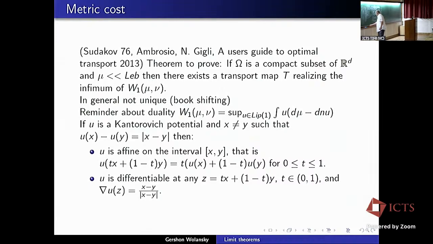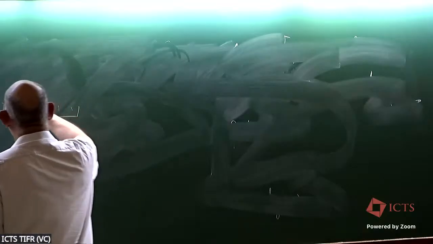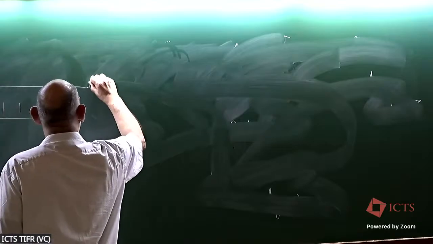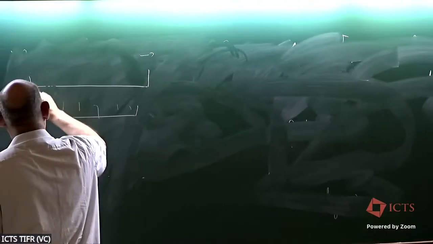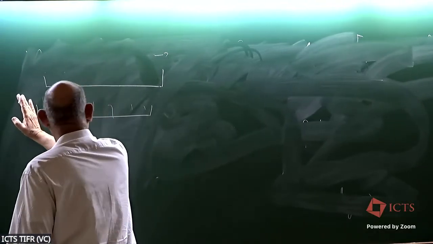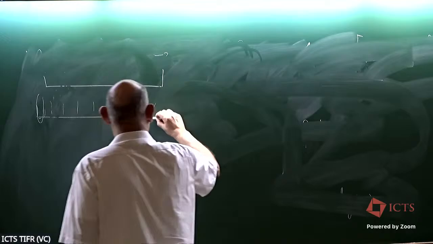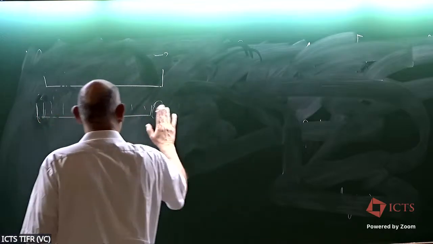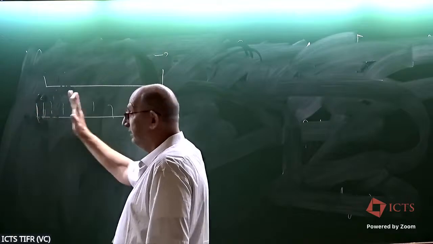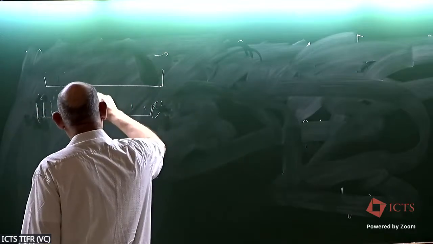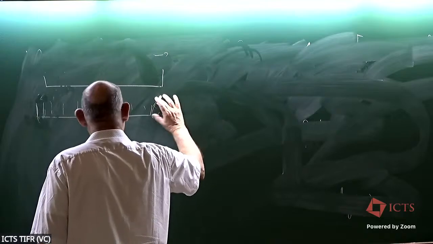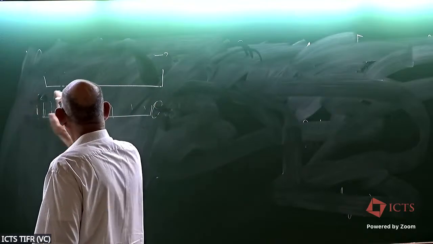Let me remind you again what it is. For example, we have a shelf of books here, and we want to move it one book to the right. We can take the first book and put it here, or we can push all of them one to the right, or we can take one of the books inside, put it here, and push from here to close the gap.